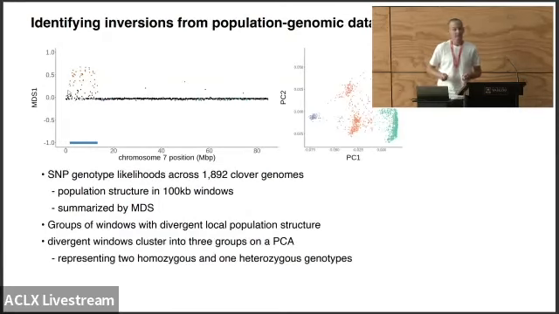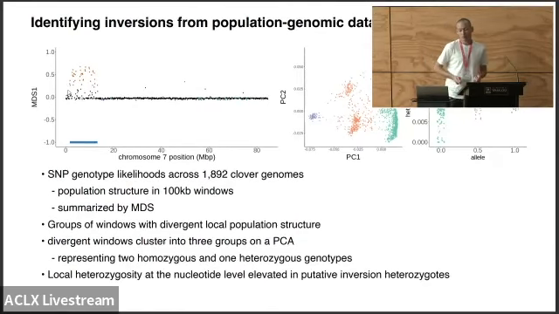We also expect that the genetic variation in an inverted region will cluster into 3 groups on one axis of the PCA, and these would be representing the 2 homozygous and 1 heterozygous genotypes of the inversion.